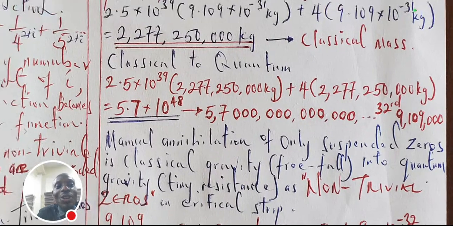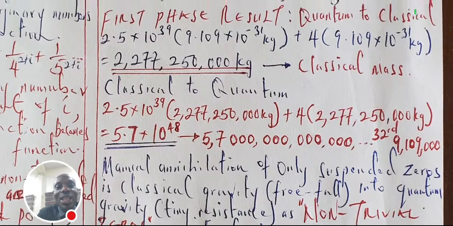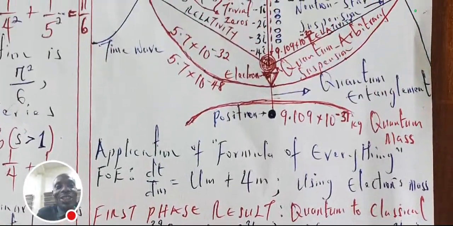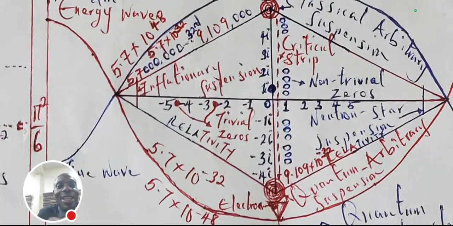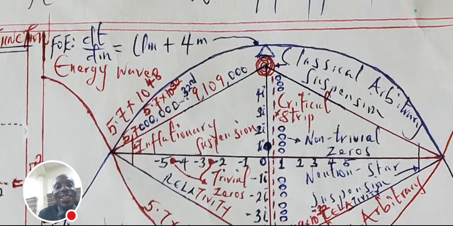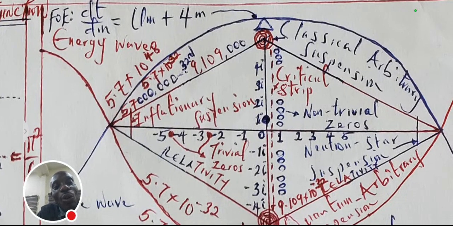But now, up to this level, what we have done, if we're to use the chart right here, we have moved from this diagonal line, from the central point to the left.